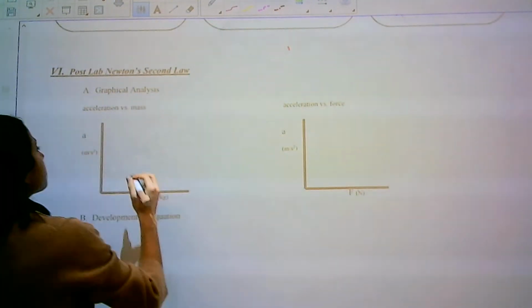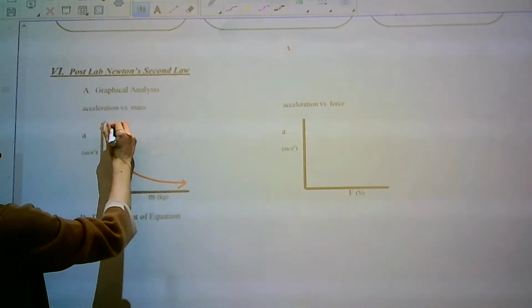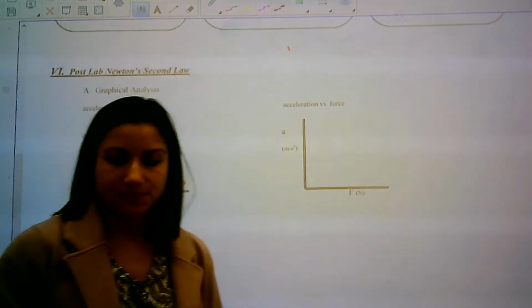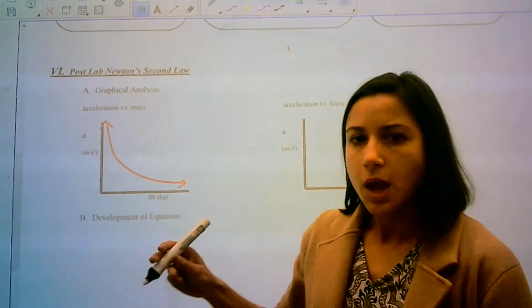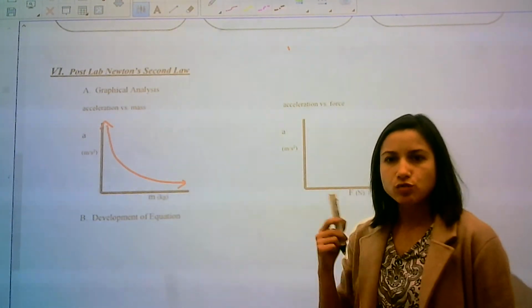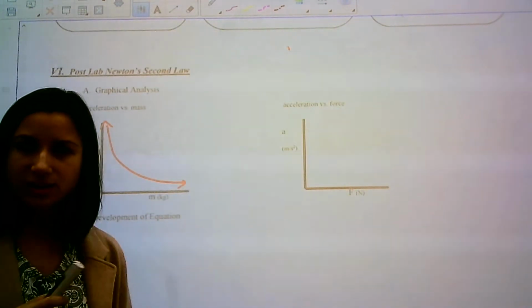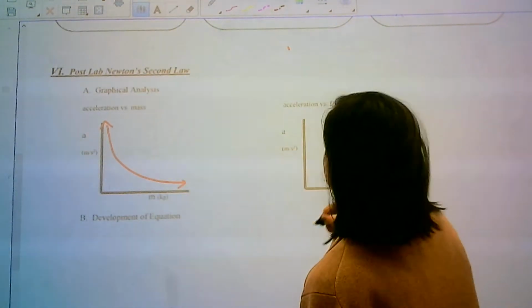We're going to see something like an exponential decay. Something just like that. Mathematically, what do we call this kind of relationship? Is this a direct relationship or an inverse relationship? Yes, Evelyn, it's inverse.